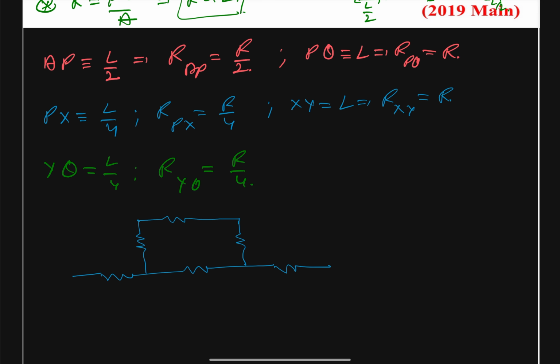This is our A, P, Q, X, Y and B. The resistance of AP is R by 2, BQ is also R by 2, PQ is R, XY is also R, and here we have R by 4 as well as R by 4.